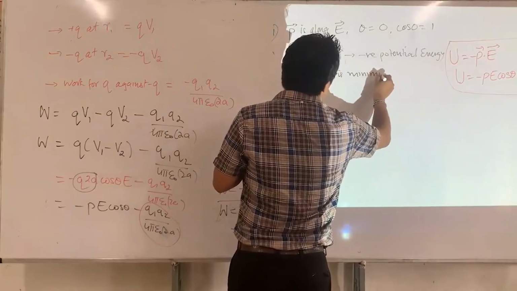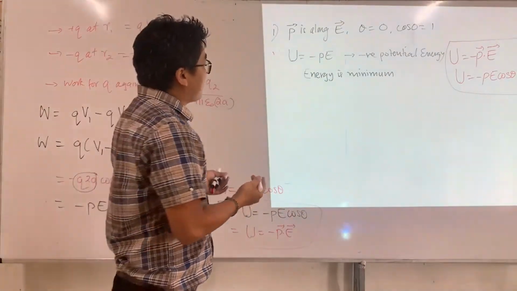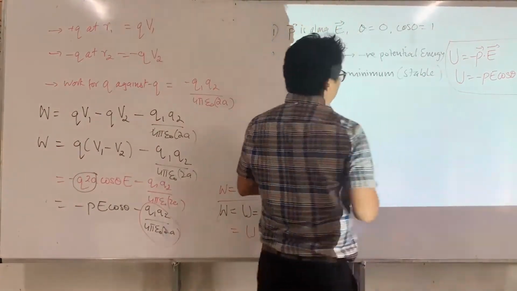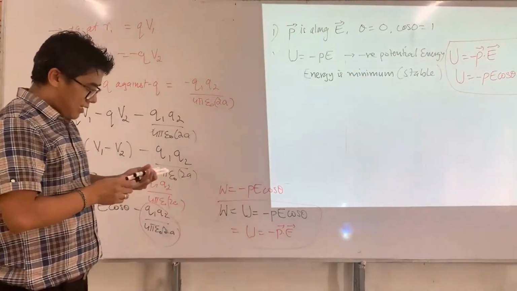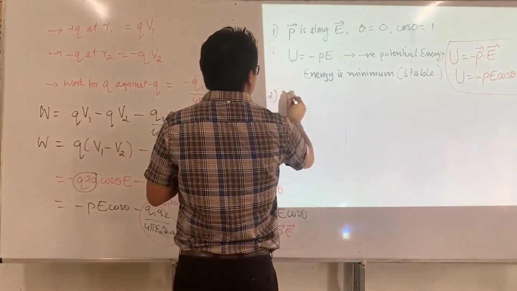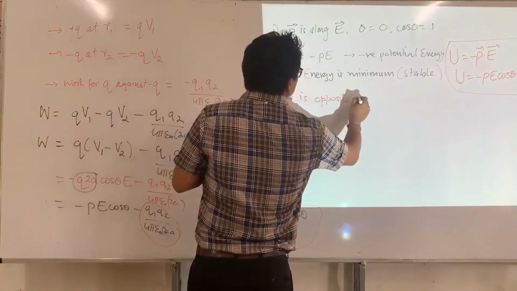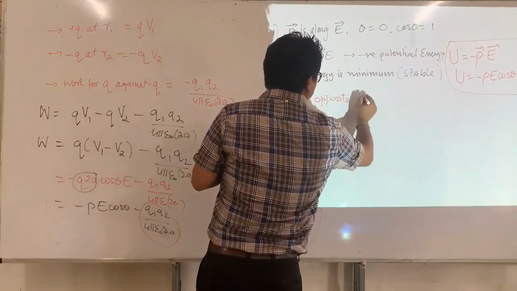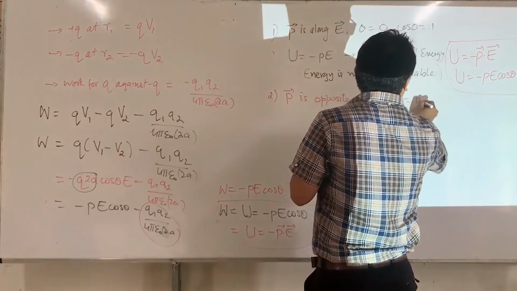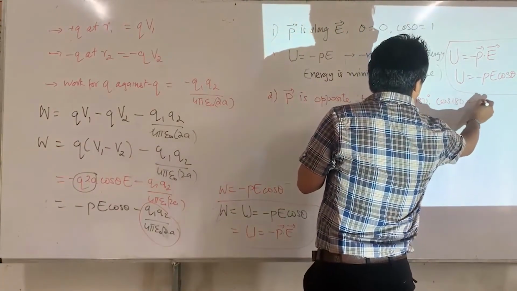If energy is minimum, then the dipole is stable, right? Stable means minimum energy. Now, for the second case, if P is opposite to E, then theta is 180 degrees, and cos 180 is equal to minus 1.